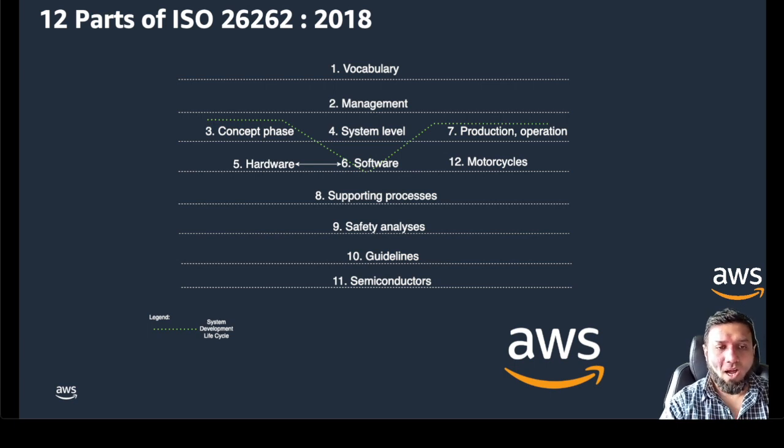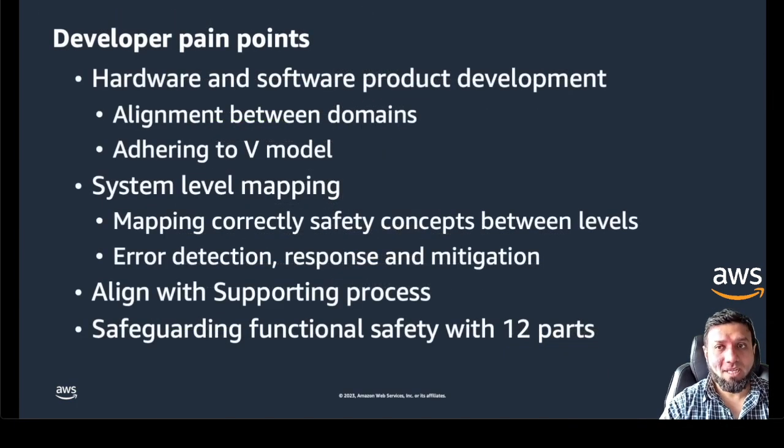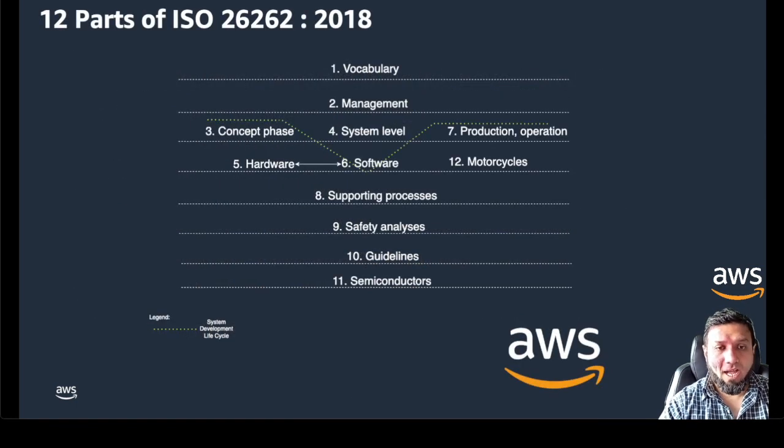Once you have HARA done, you define safety goals for the item. These safety goals are high-level safety requirements which need to be met, making sure the hazard analysis is done properly.